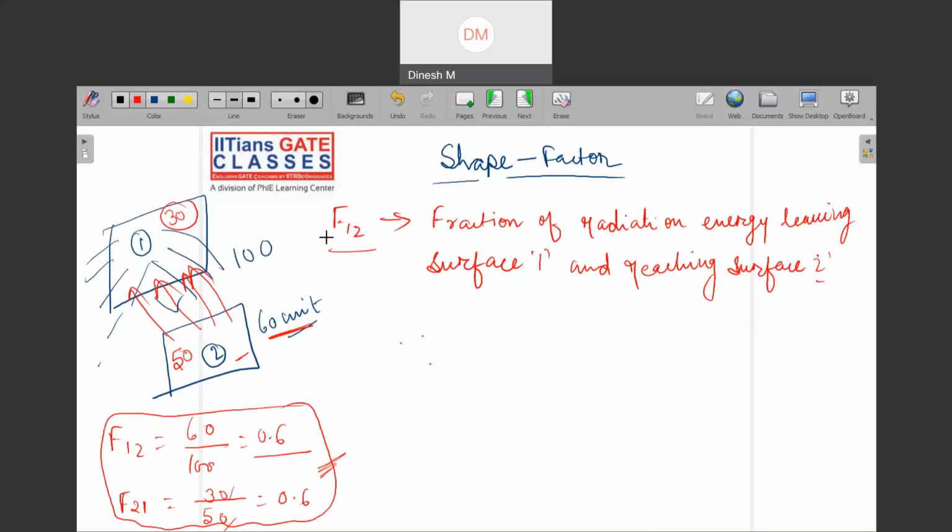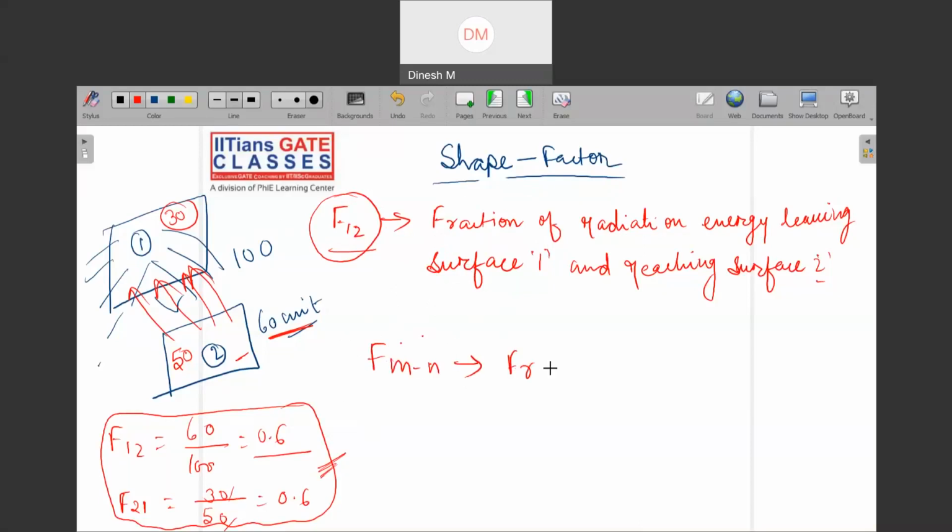So view factor I have denoted by some notation. What you can see is that it is the fraction of radiation energy leaving a particular surface and reaching surface 2. In standard notation, if I say Fmn, then what do I mean?